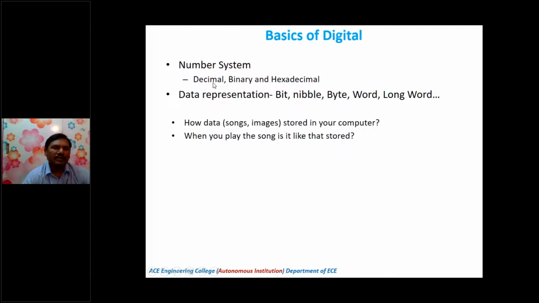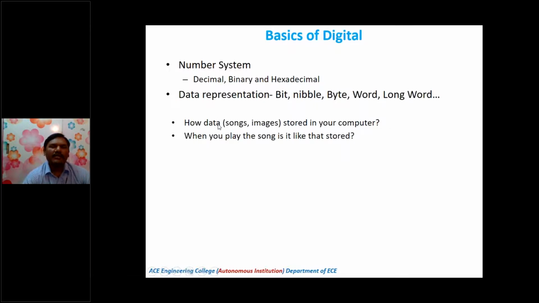Base 10 means we have 10 values, 0 to 9. Binary means there are two values with base 2, 0 and 1. Hexadecimal means base 16, where we have 0 to 15. We will see hexadecimal number system data in the coming slides, and the data representation in terms of bit, nibble, byte, word, and long word, and so on.